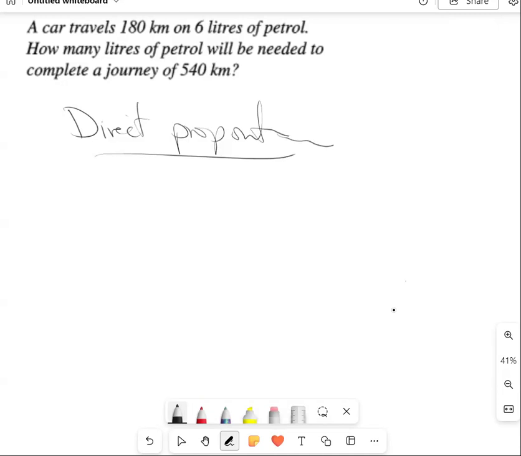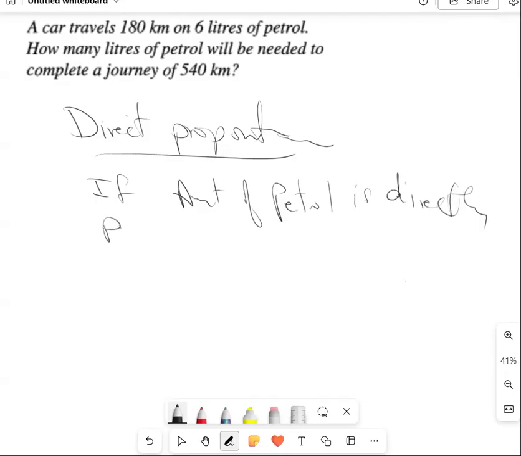Now, let's say in this case, the amount of petrol, or volume of petrol, is directly proportional to distance traveled, right?